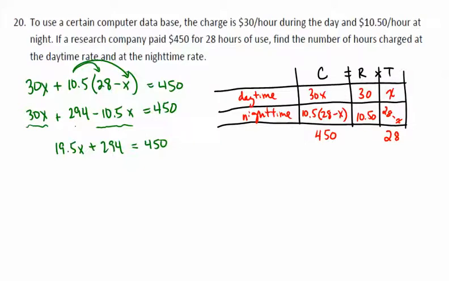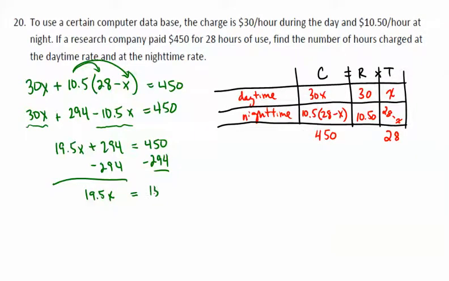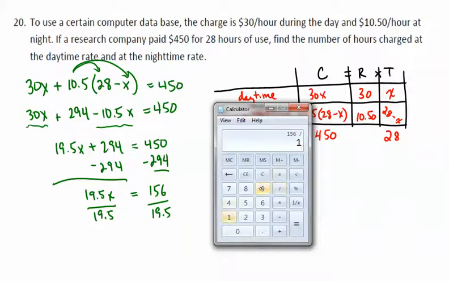Now some people might want to subtract the 294 first. I'll do it later, but there's nothing wrong with doing it that way. So we end up with, after we subtract 294 on both sides, 19.5x is equal to 450 minus 294, which is 156. At that point, just divide by 19.5 on both sides. 156 divided by 19.5 is going to equal 8.